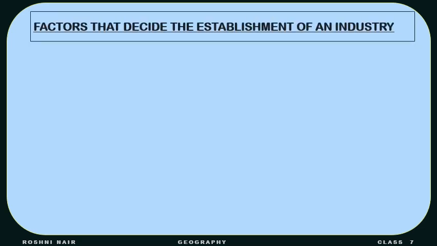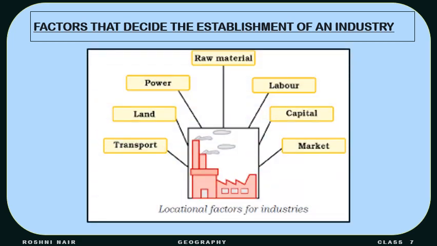Now, what are the factors that decide the establishment of an industry? These 7 are the main factors. The locational factors, as they are called for industries, are transport, land, power, raw material, labor, capital, and market.